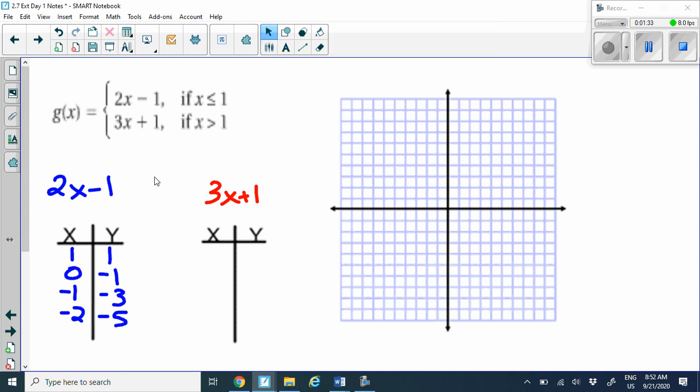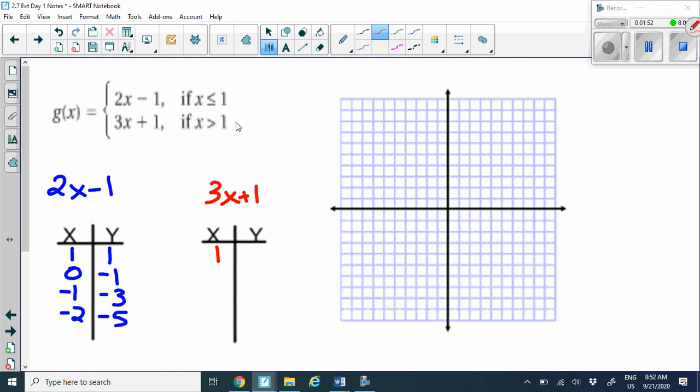Okay. Now, let's look at 3x plus 1. Here we have a restriction. We are still actually going to start our x values at 1. Some of you might be wondering, why are we doing that? There's no equal bar underneath it. Well, we'll talk about that in a little bit.